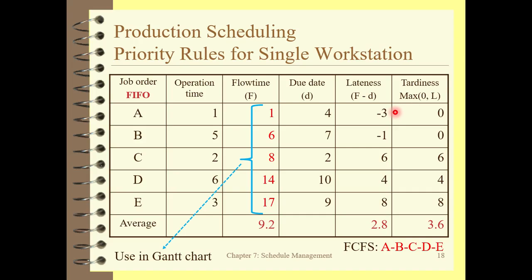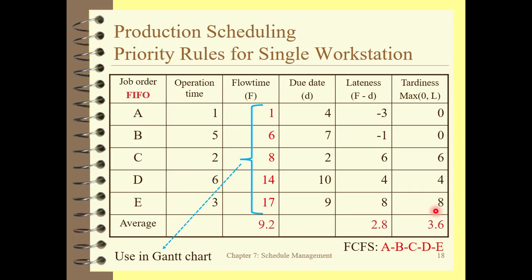Very simple, just remember that whenever you see a negative sign, you reset it to 0: minus 3 becomes 0, minus 1 becomes 0. And whenever you see a positive sign, copy it: 6, 4, 8 here. And then mean tardiness is equal to 0 plus 0 plus 6 plus 4 plus 8, divided by 5.